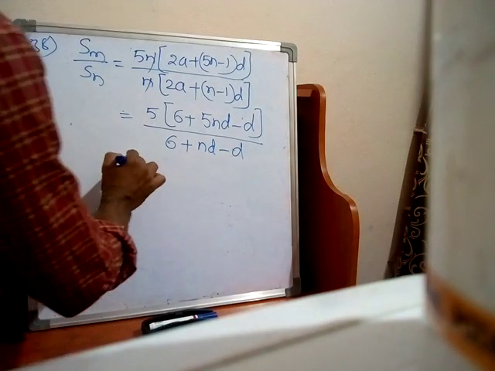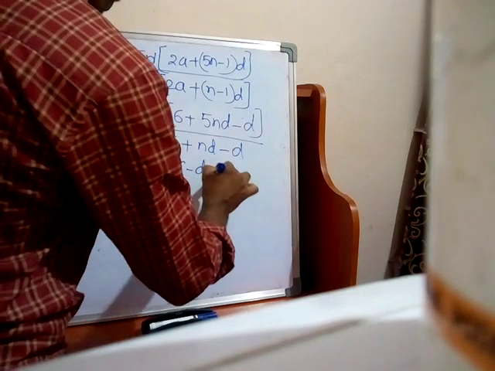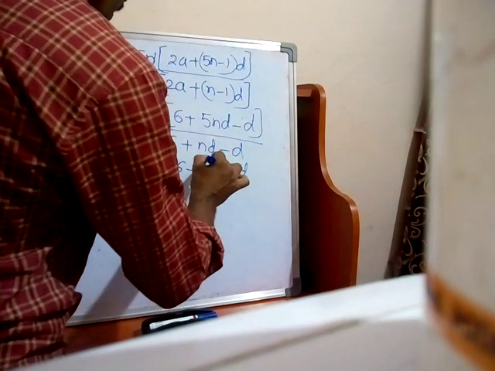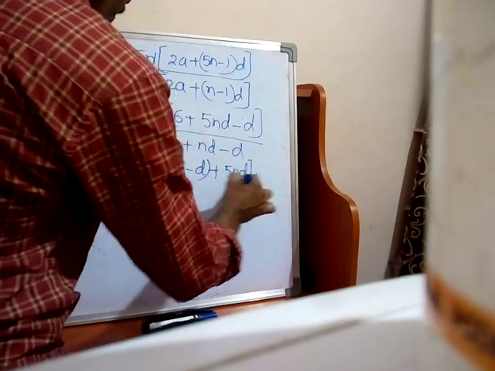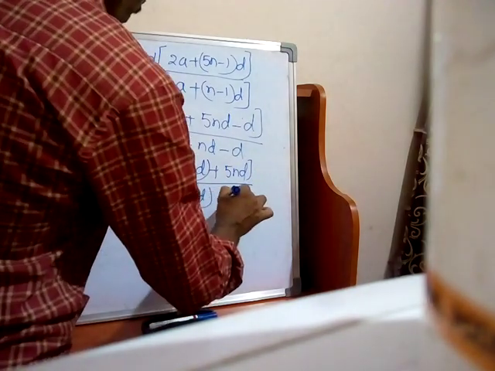Observe, 5 of 6 minus D plus 5ND. This is taken as one group, 6 minus D plus ND.